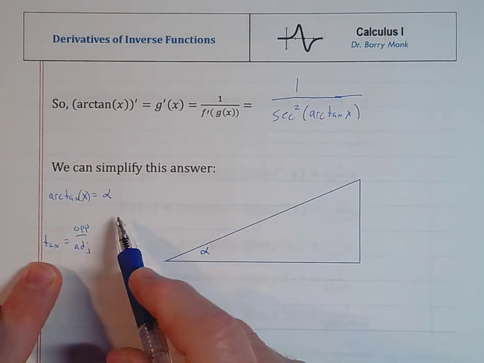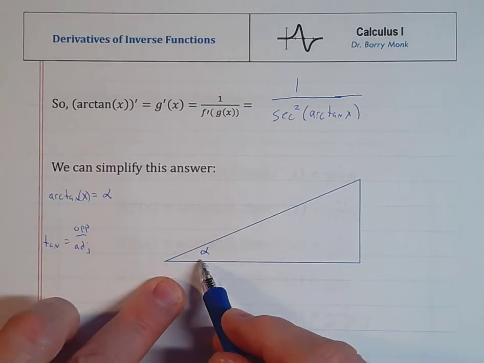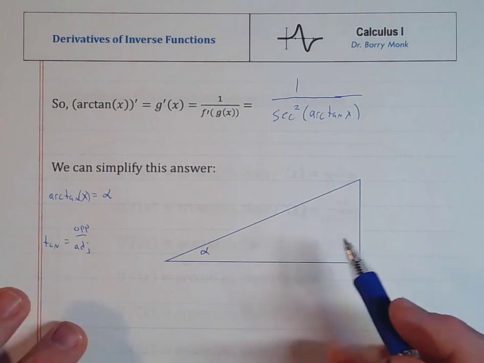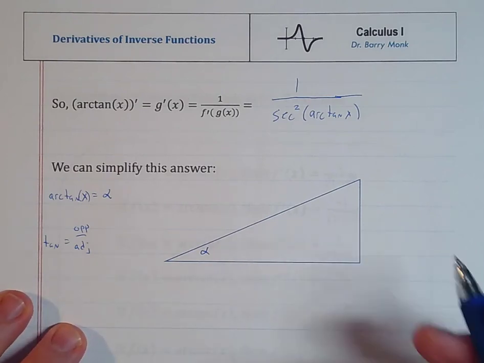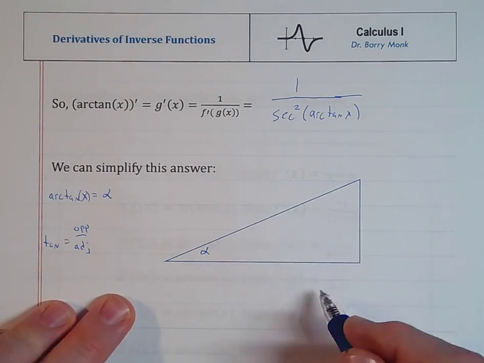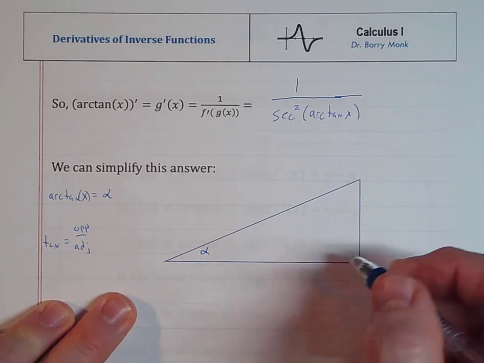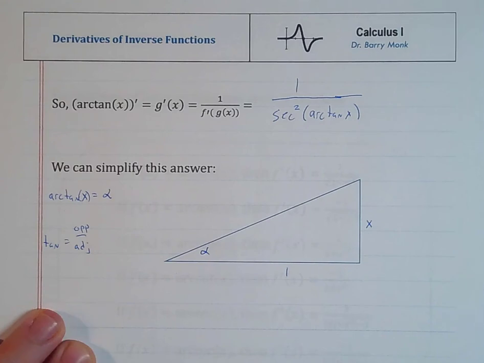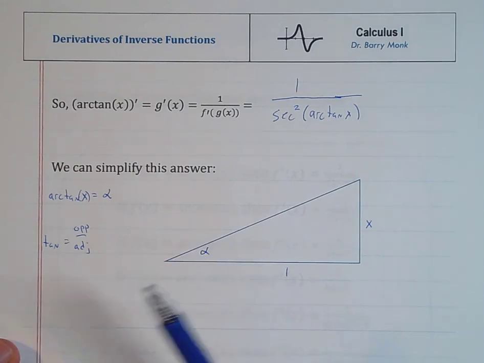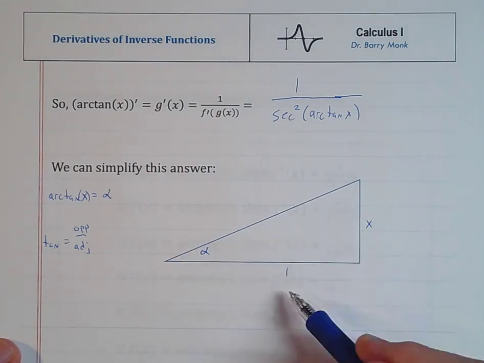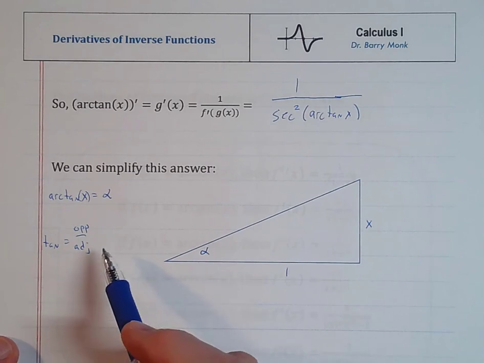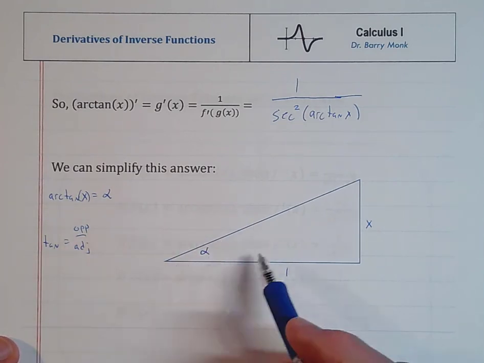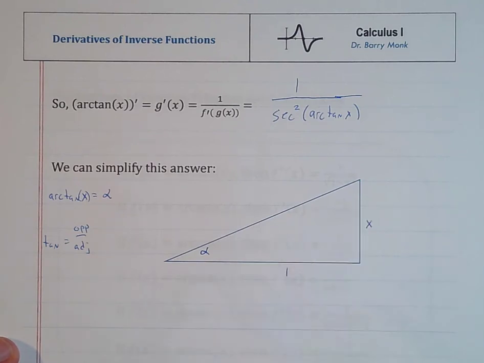I can put whatever numbers I want in here; it's the ratios that are important. So I'm going to make this as simple as possible. I'm going to let this be x over here, and I'm going to let this be 1 down here. Now opposite over adjacent, x over 1, is going to give me the tangent of alpha, which is x, which is what I was looking for.